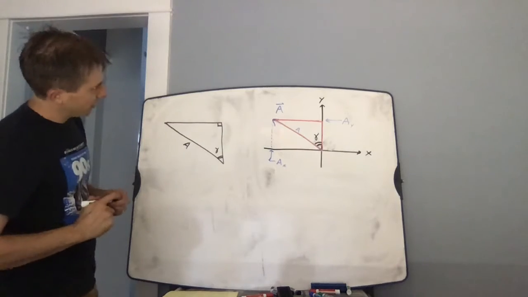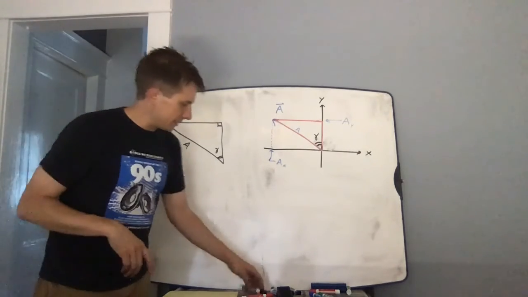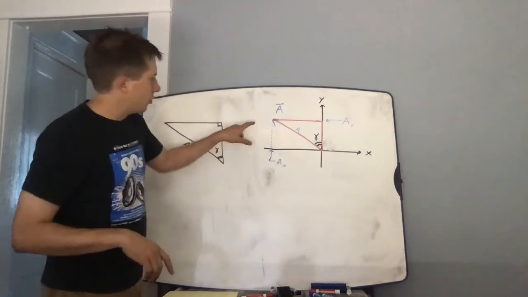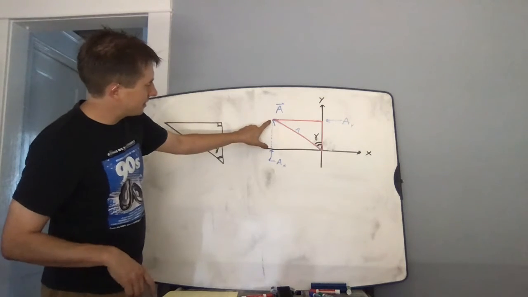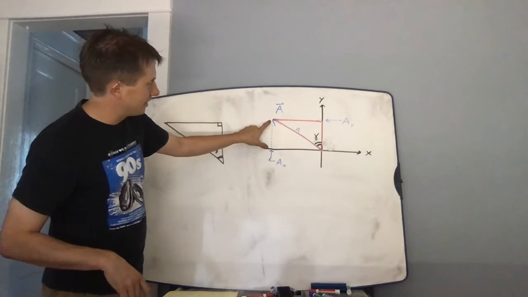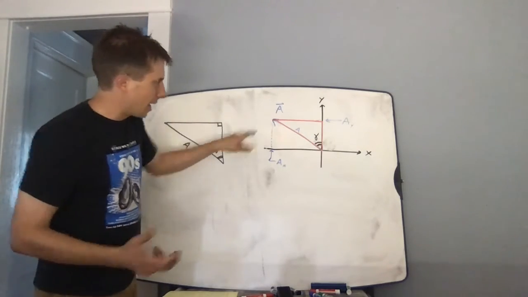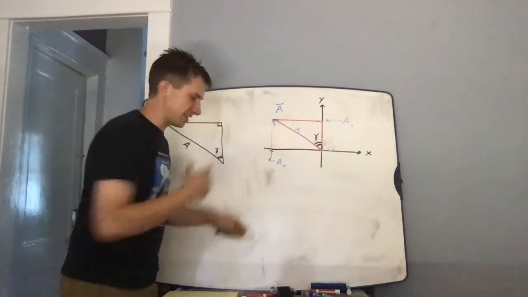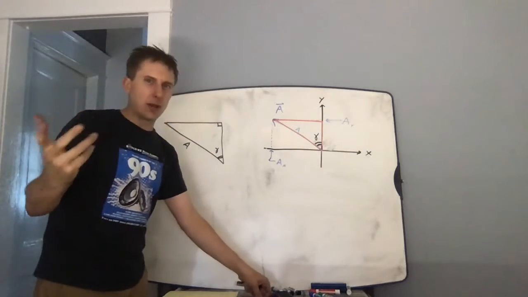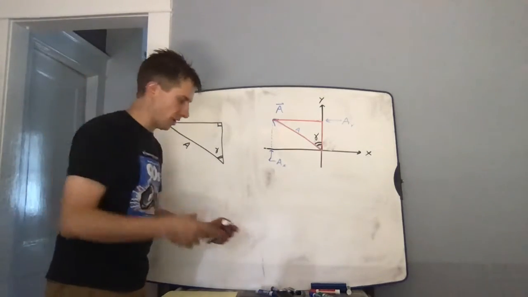And then I also look at this triangle and I notice this distance is, I'm going to say, related to AY. I'm going to say this distance is related to AX. I'll explain why I'm saying related to in a moment.